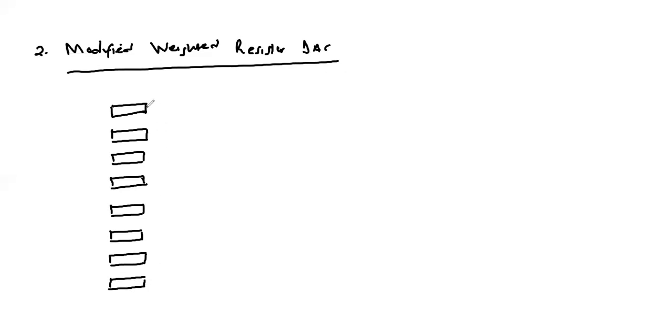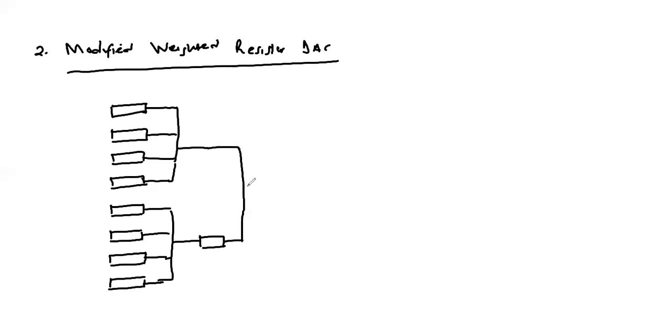So we have the 8 resistors, but grouped into 2 sets of 4 resistors. The second set is connected through an additional resistor, and then the 2 of them go as the input to the negative terminal of the operational amplifier.